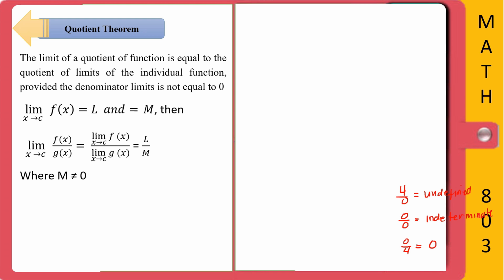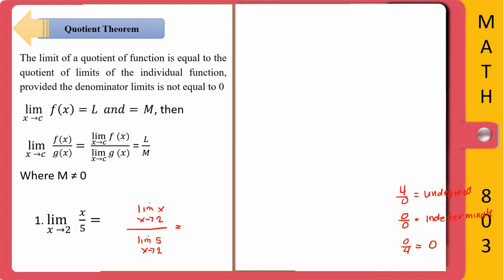So now applying the theorem, we have the limit of x over 5 as x approaches 2. Again, we need to distribute the limit as x approaches 2 in both numerator and denominator. So it becomes the limit of x as x approaches 2 over the limit of 5 as x approaches 2.